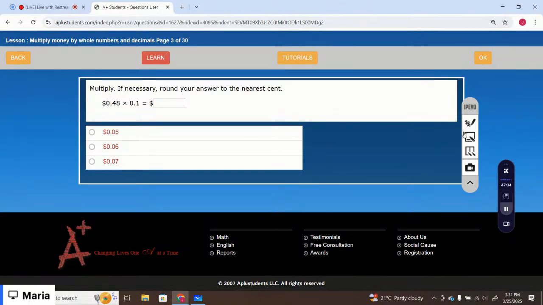Option number one is the correct option. It would be 0.05.